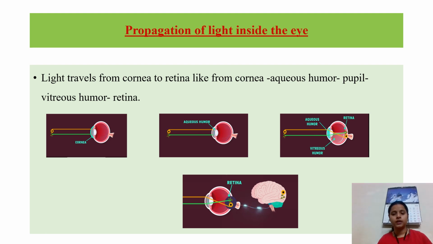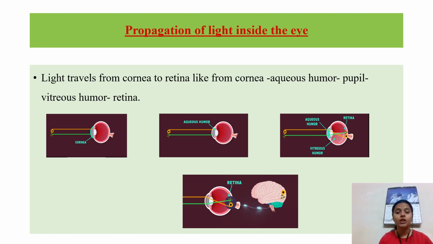Here are some pictures. What can you see in these pictures? You can see how light is traveling through different parts of the eye, how the image formation takes place, and how the signal is transmitted to our brain.